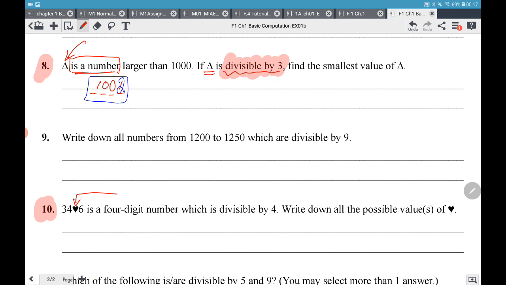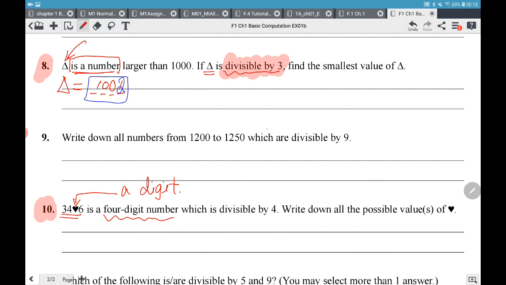As I said, a number can have more than one digit. In this case, the triangle is actually 1002, which has 4 digits. For question 10, our symbol is a heart, and in 3, 4, something, 6, which is a 4-digit number, the heart is one of the digits.